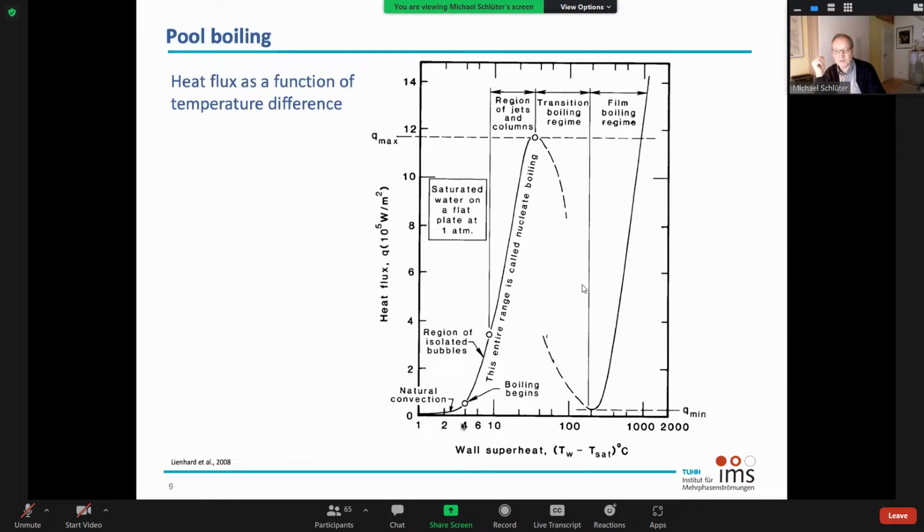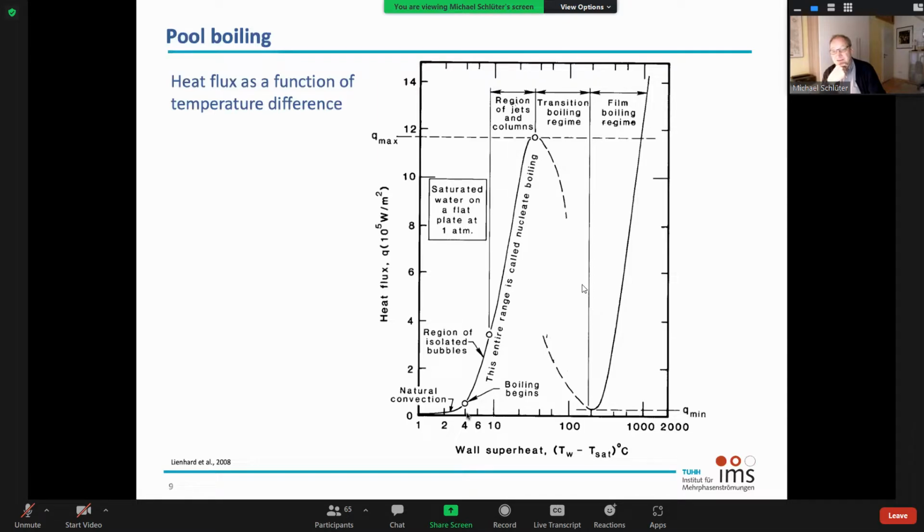After a wall superheat of about 4 degrees Celsius, the first boiling starts, because the heat cannot be transferred away anymore only by natural convection, so an additional phase change happens. Here we feed so much energy into the liquid that we overcome the latent heat, and therefore evaporation starts and we get the first boiling. And now something interesting happens. If the first bubbles appear, we get a much steeper increase in the heat transfer performance, as you can see here.